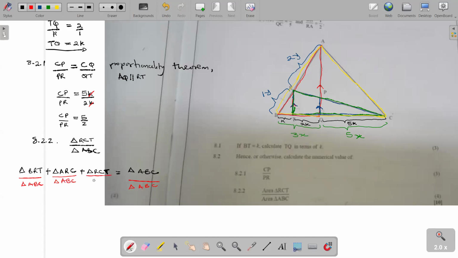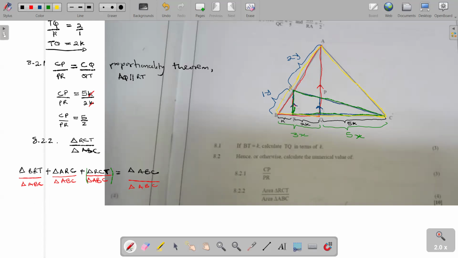Divide here by the area of triangle ABC. So what is it that we did? Why did we divide by area of triangle ABC? We want to come up with this ratio. So in this case, the required ratio is now accommodated here. So we can now solve.